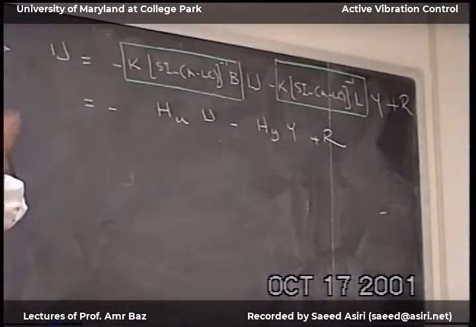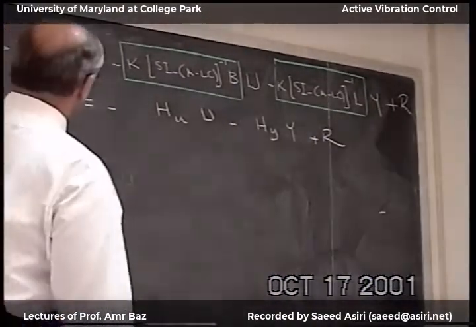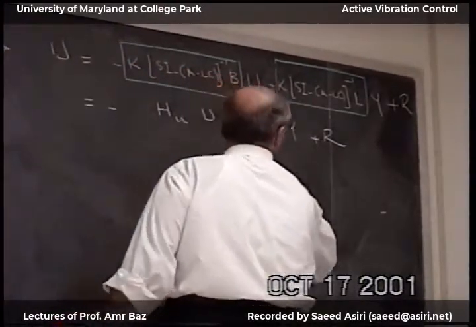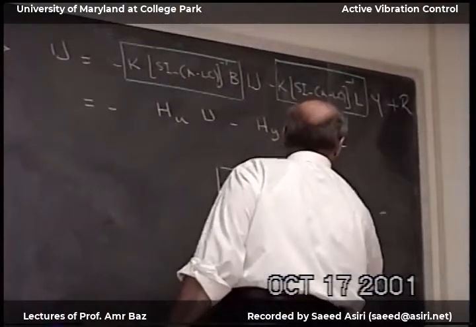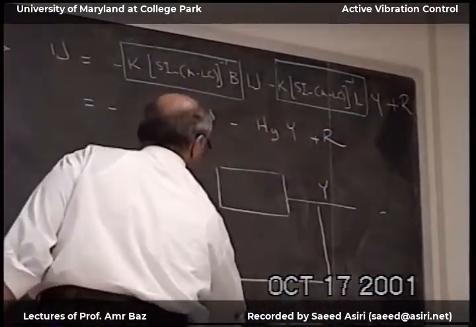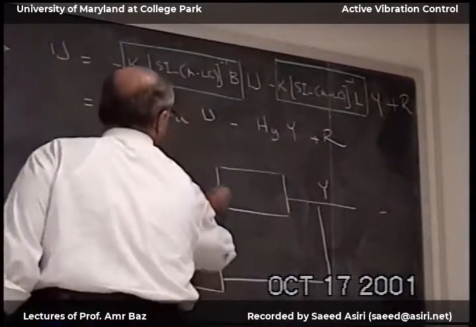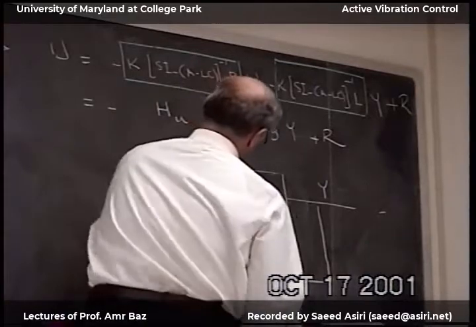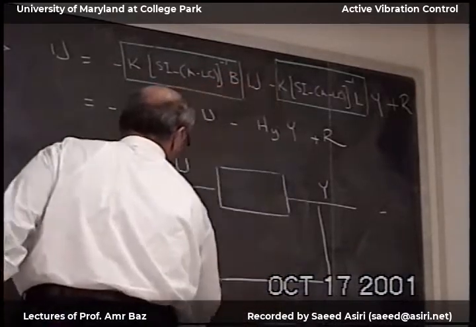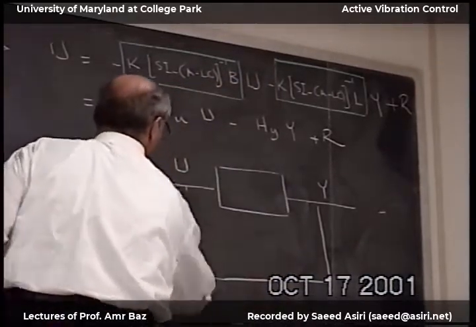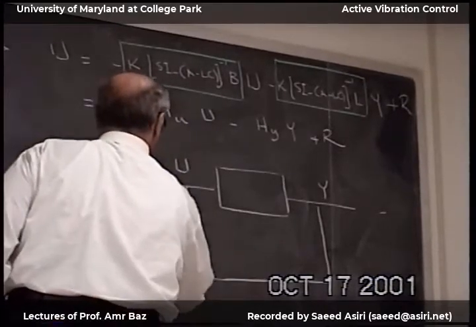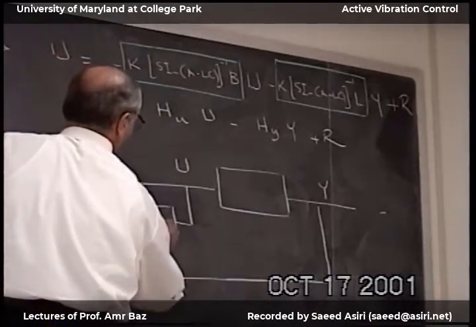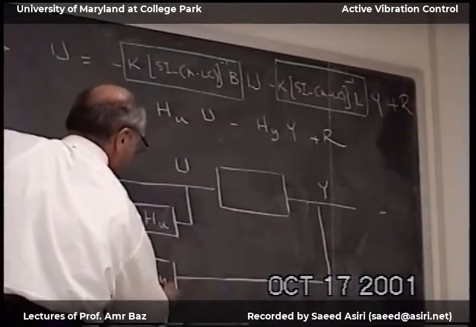Let's make first the block diagram for this case. This is the Y, and then this is the U. And then we have here H_U and H_Y.